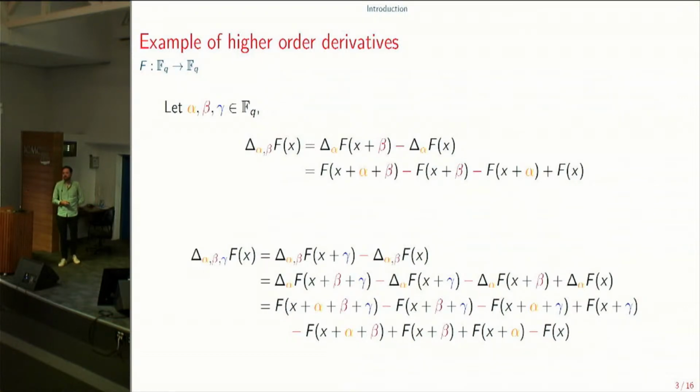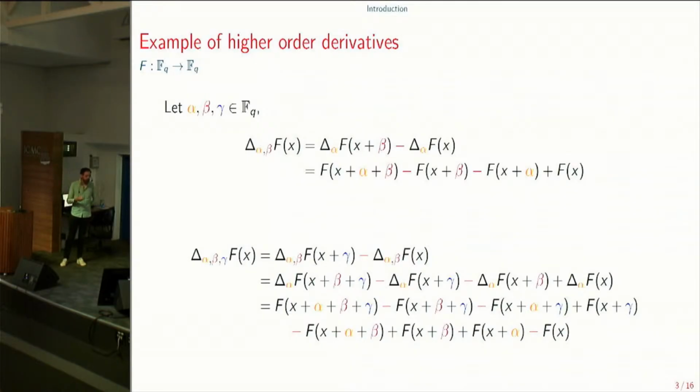Intuitively, I believe this is why differential cryptanalysis doesn't quite work in odd characteristic: computing this sort of higher order differential is very expensive in complexity, so you lose interest in the cryptanalysis.